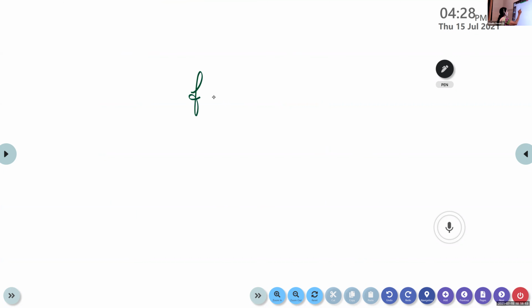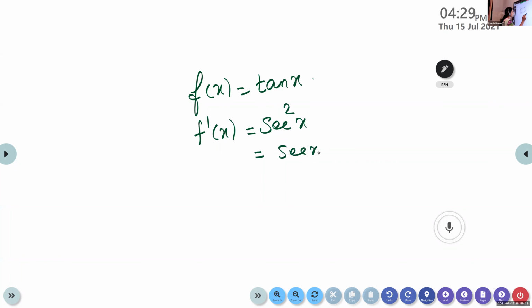F of x is tan x. So f dash of x is sec square x. Sec square x means it is sec x the whole square, isn't it?